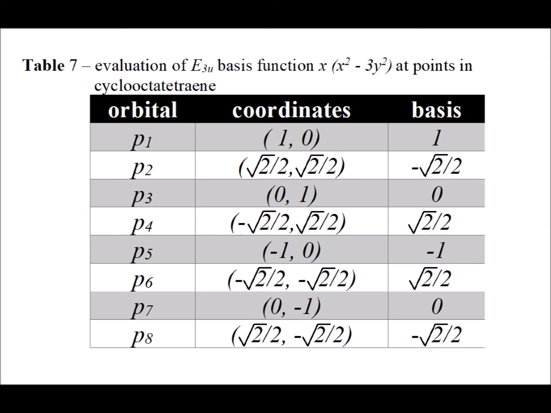Lastly, in Table 7, we evaluate the last of the included irreducible representations, E3U, just looking at one of the basis functions, and we see that we have at least one position that is not equal to 0, so this doubly degenerate representation is included in our reducible permutation representation.